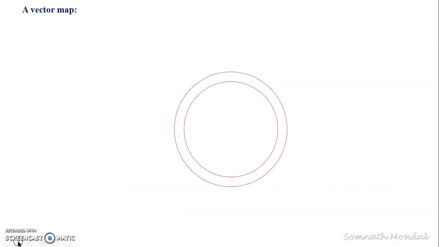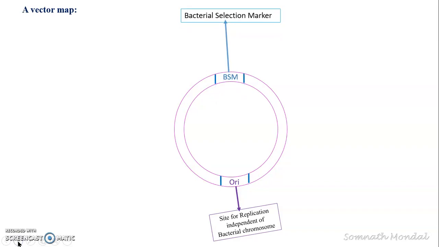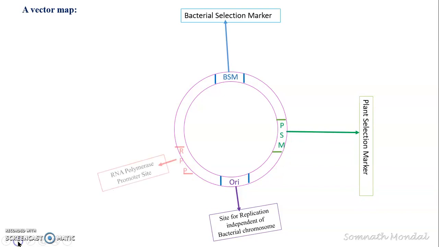Now coming to some diagrammatic explanations. Suppose this is a vector map, that is, this is a plasmid DNA. It has to have an ORI site, that is the site for replication independent of the bacterial chromosome. It has to have a bacterial selection marker, and a plant selection marker.